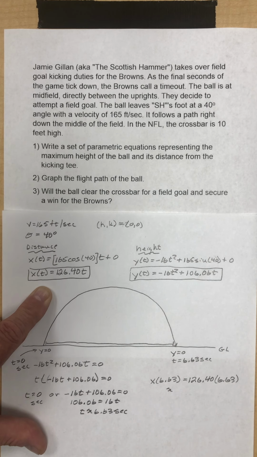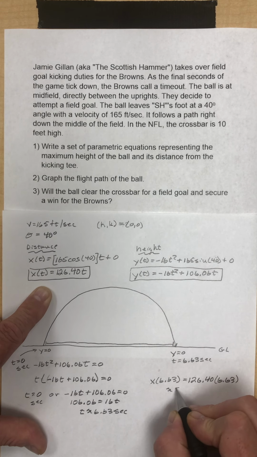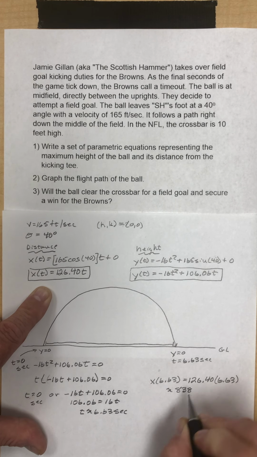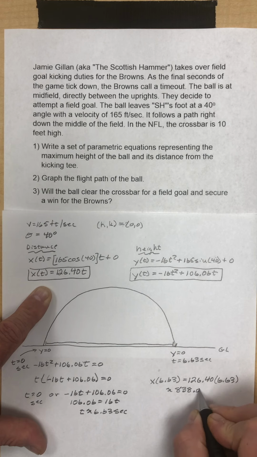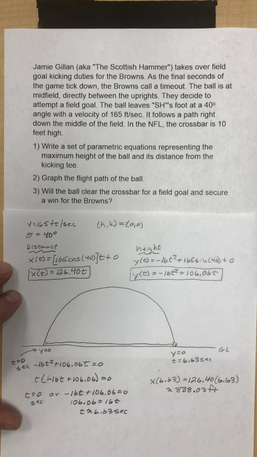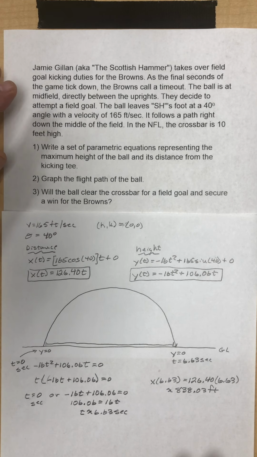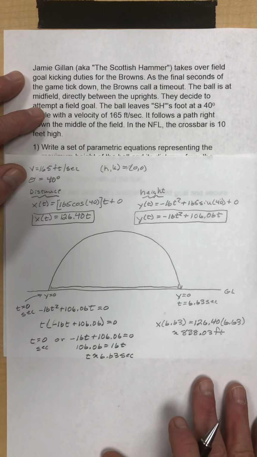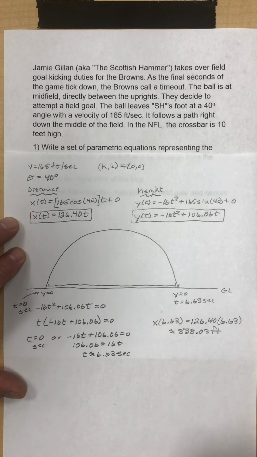And we know this is an approximation. 126.40 times 6.63, oh, so that is 838.03 feet. Well, he is the Scottish Hammer, okay? So that is a lot of distance there.